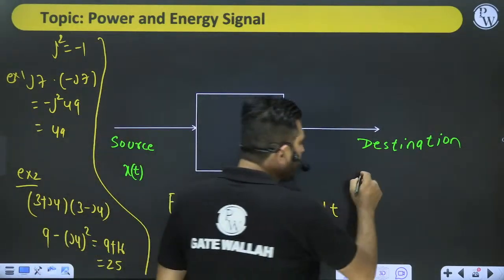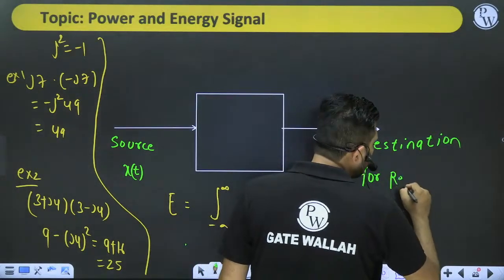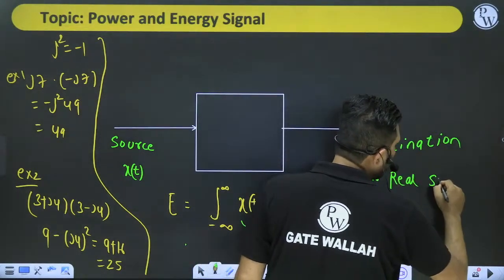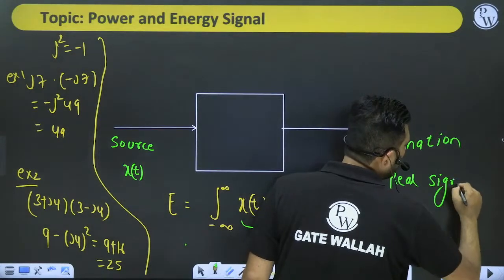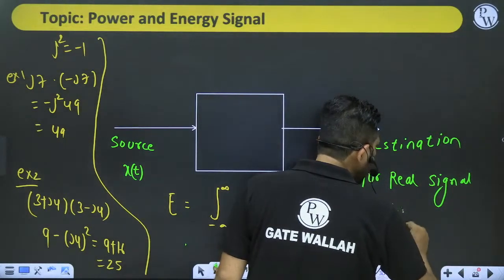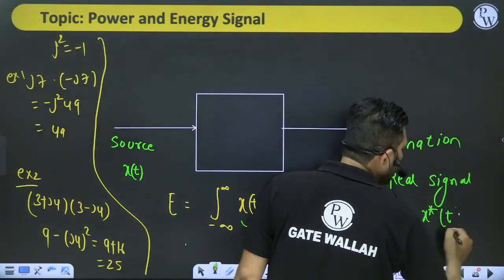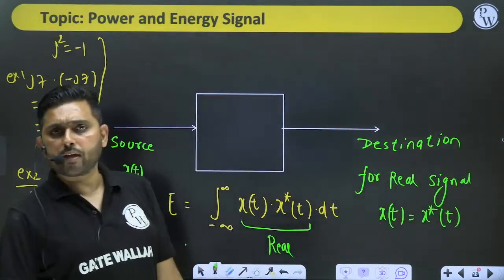Now, for real signals, we know that x of t is equal to x conjugate of t.